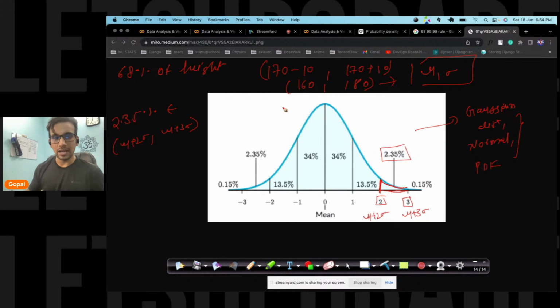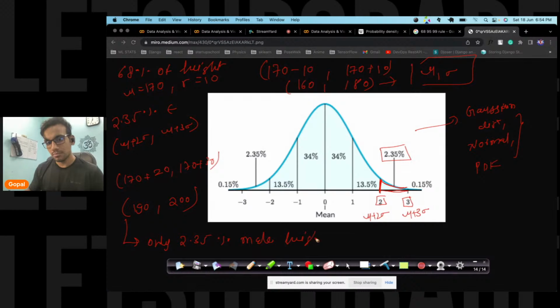Here mu is 170 and sigma is 10, so it will be 170 plus 20 and 170 plus 30, which is 190 to 200. So this is how we can read this out loud: only 2.35% of male heights fall under this range.